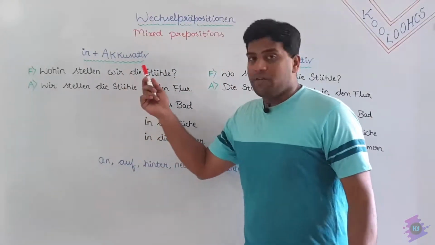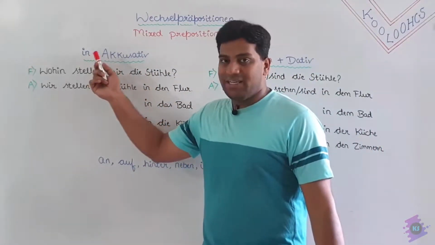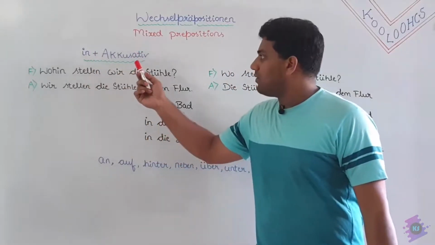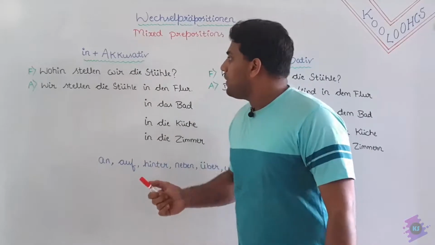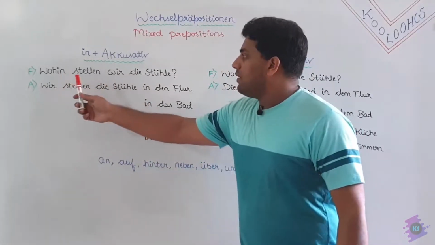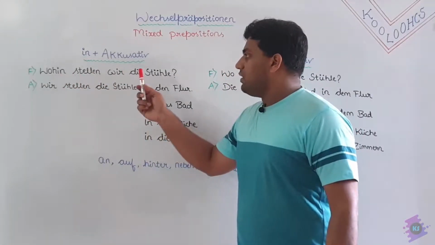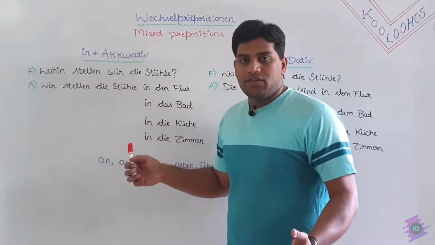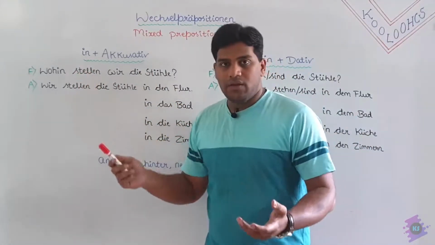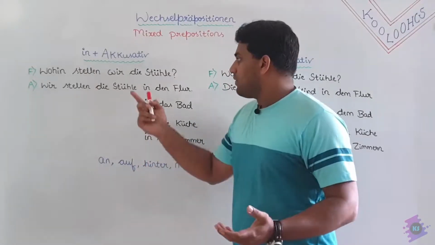First is accusative case, the mixed preposition in with accusative articles. The question can be like this: wohin stellen wir die Stühle? That means where do we place the stools? Wohin is to where we place the stools.